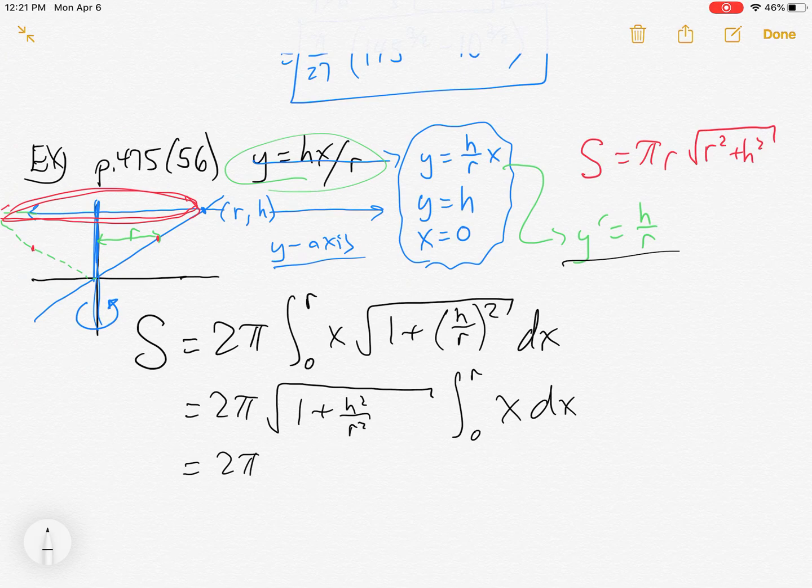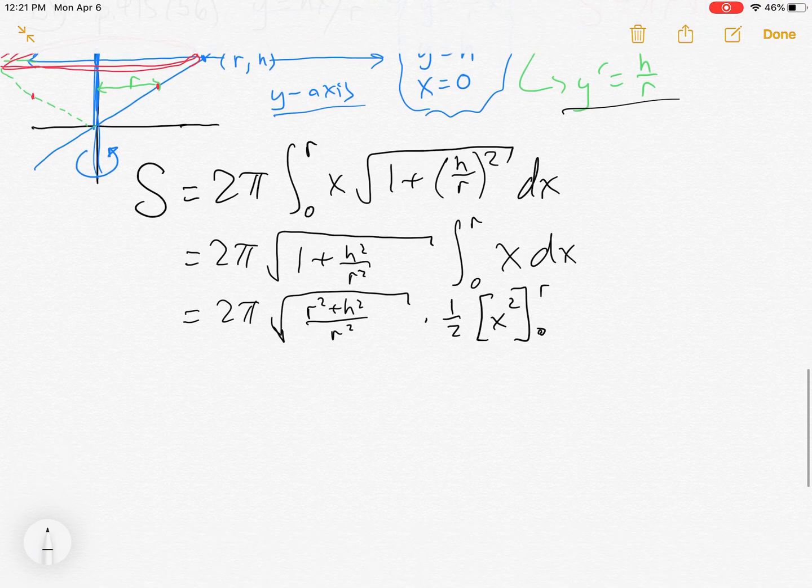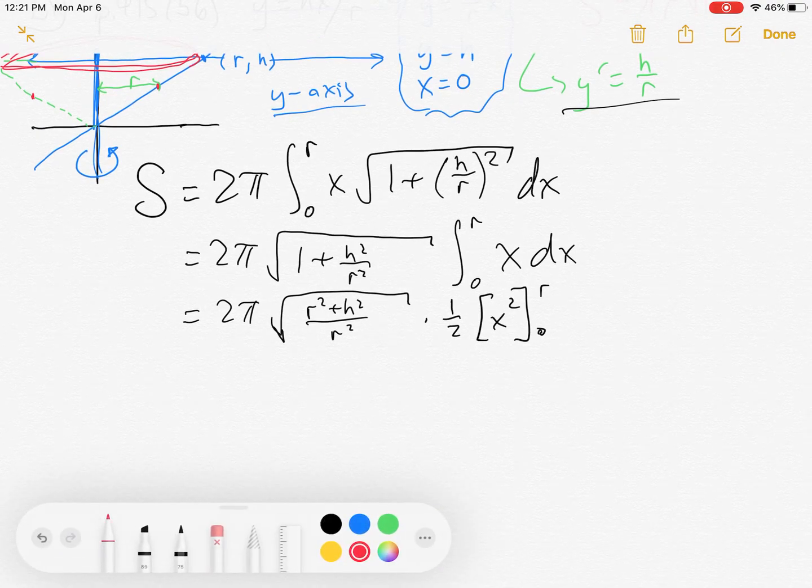Okay. So I guess we can go ahead and take that integral while I'm simplifying here. I'm going to do like I did before. I'm going to get a common denominator, which would be r squared. And this does become 1/2 x squared from 0 to r. So this one's going to be considerably easier than the last, although some similar things. This move right here happened on the last one as well, right?